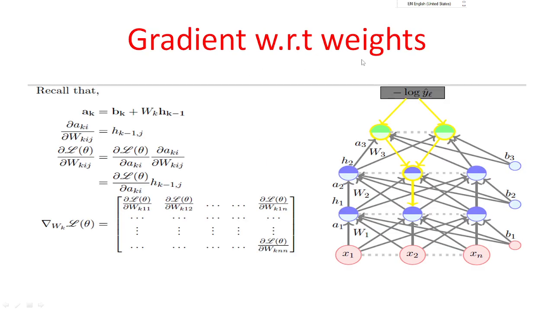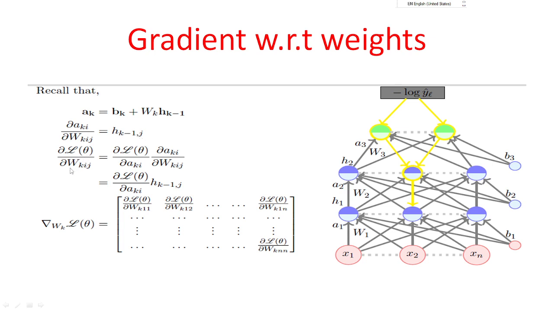Gradient with respect to weights. So how do you write Ak? Ak is the bias plus Wk times h k minus 1 from the previous layer. So dou Ak by dou Wkij is h k minus 1 j. You just find the first derivative with respect to Wk, and you get h k minus 1 j.